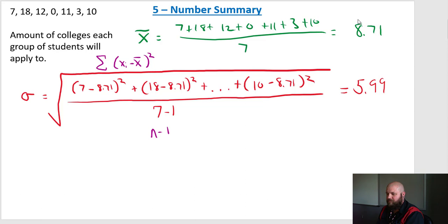However, I'm pretty sure on maybe a test or something in the future, maybe one day, I would ask for you to show how you calculate standard deviation or the mean. So make sure you understand how to do that. And with that, that is how to develop the 5-number summary, and I'll see y'all next time.